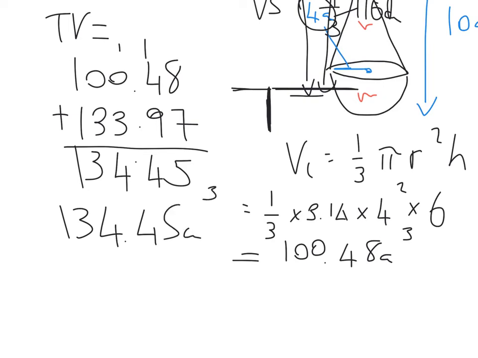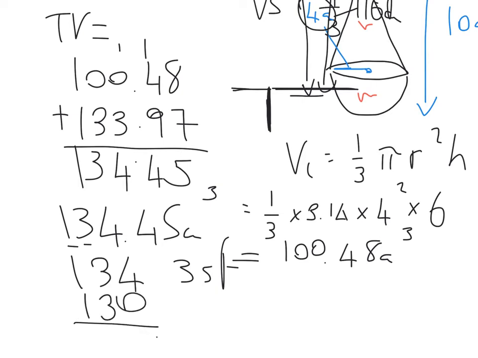Now if, for example, the question says to round to 3 significant figures, the answer would be 234. If, for example, the question was to round to 2 significant figures, it would be 230, and so on, cubic centimetres.